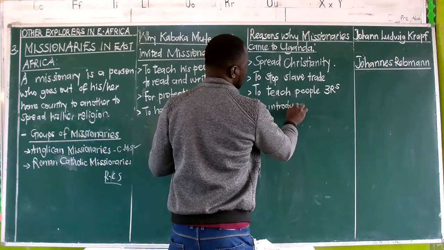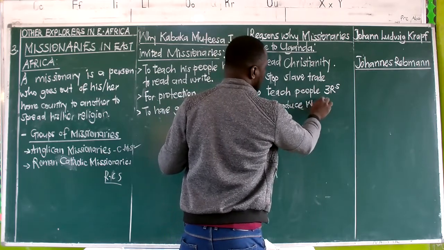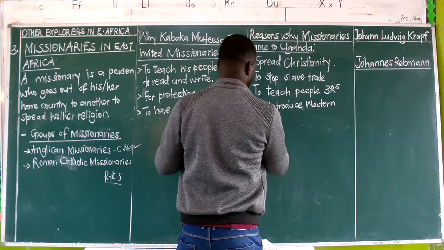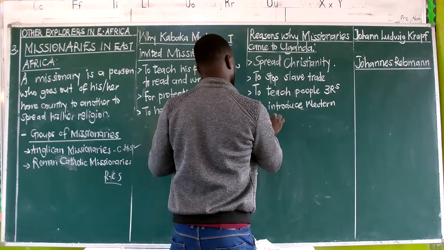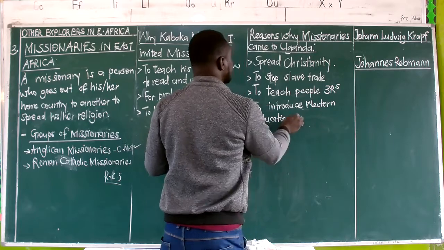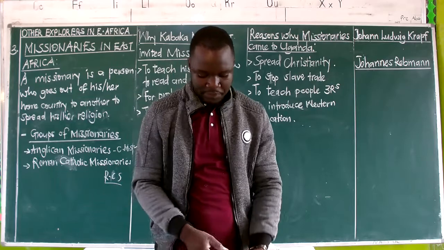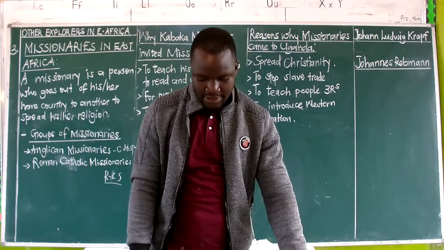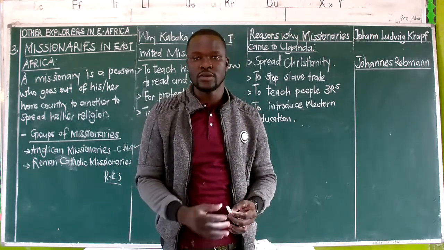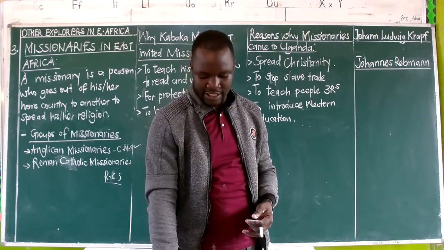Missionaries wanted to introduce Western education to East Africa. And then also we have on our page that the missionaries wanted to introduce what we call legitimate trade, that was now to replace slave trade.